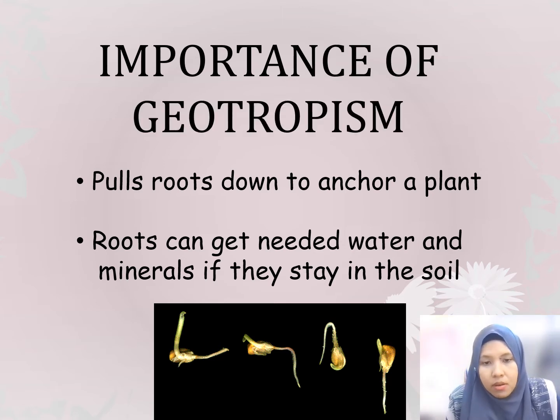The importance of geotropism is that from the positive geotropism, the roots are going down into the soil. One of the functions of the root is to give an anchor as a support system to the plant. Also, when the roots go down towards positive geotropism, they can search for water and minerals, because that is one of the sources for plant growth.